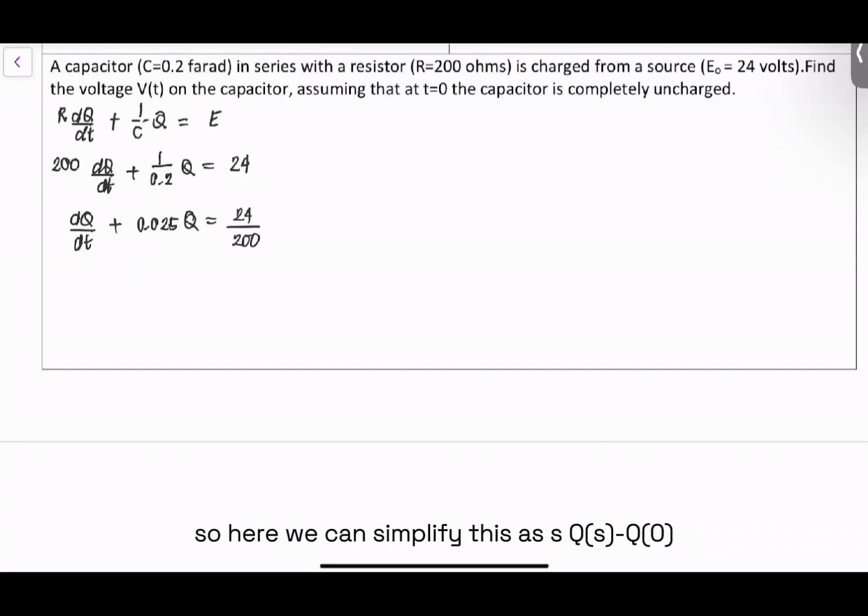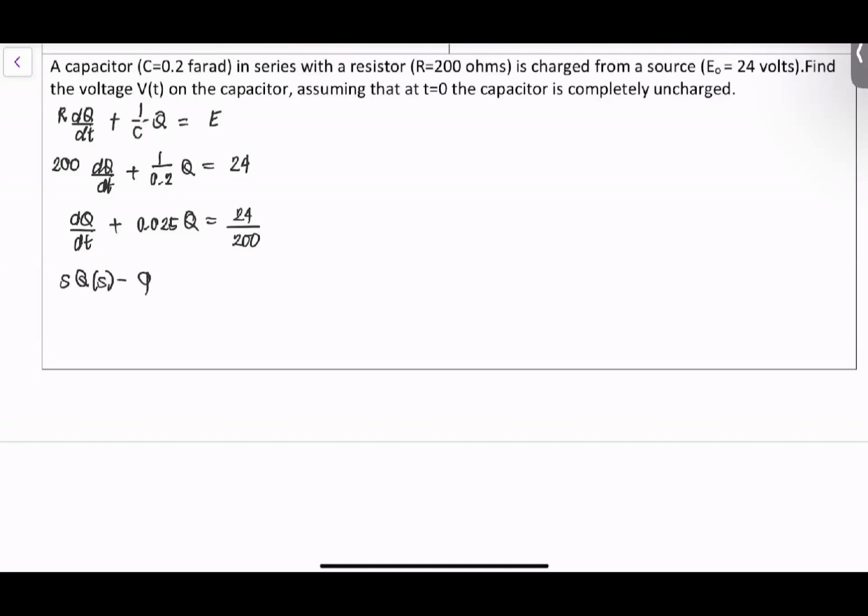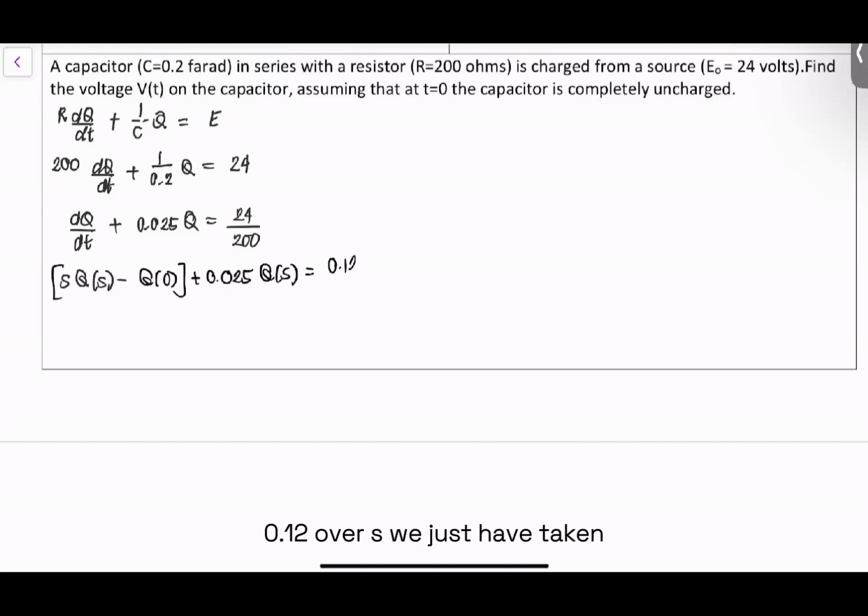So here, we can simplify this as s Q of s minus Q of 0 plus 0.025 Q of s equal to 0.12 over s.